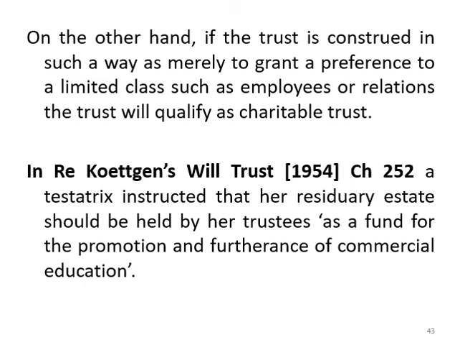Now, in the Oppenheim case, the trust created for the benefit of employees and ex-employees is not a preference, because in the case of Oppenheim, the trust is for the education of children of employees or ex-employees of the British American Tobacco Company.